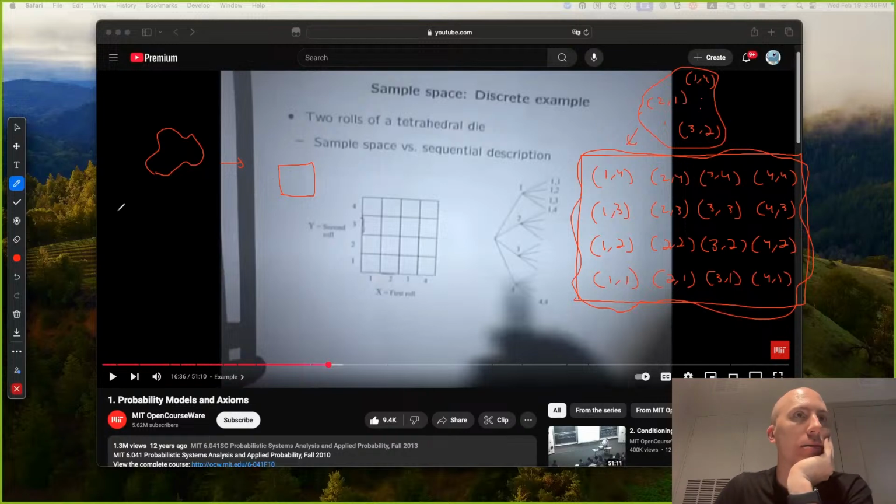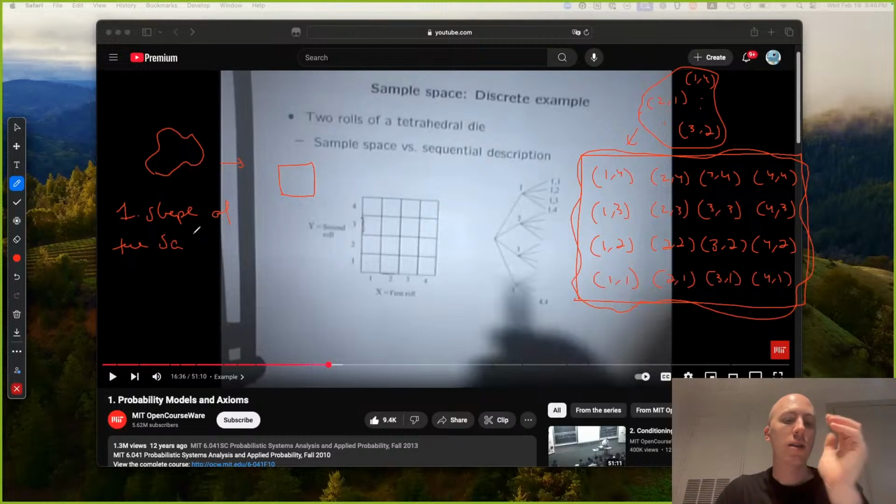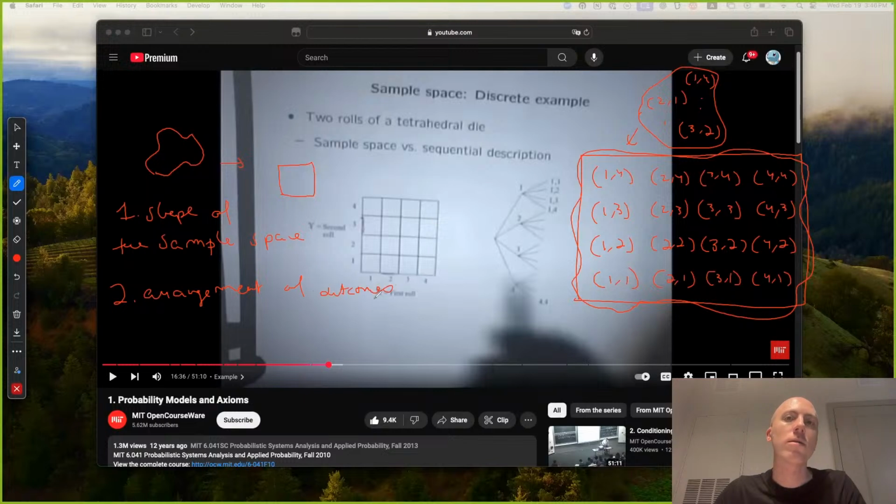You've got the shape of the sample space, and then you've got the arrangement of outcomes within the sample space.